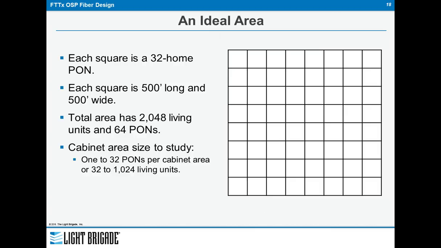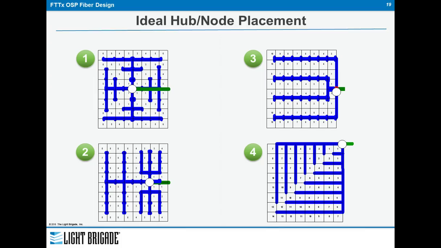And using cost studies, we place the node in a variety of configurations and then add up all of the pieces and parts that would be required to support each unit, each individual PON. And I won't keep you in suspense. The best design is going to be in the middle.